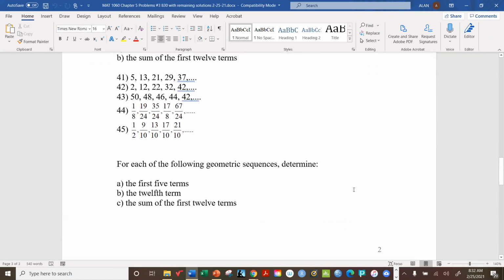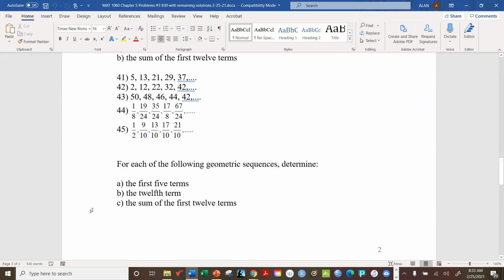So for each of the following geometric sequences, we're going to determine the first 5 terms, the 12th term, and the sum of those first 12 terms. Now, of course, like before, there's a couple of ways we can do this. We can write them out manually, or else we can use our formulas.